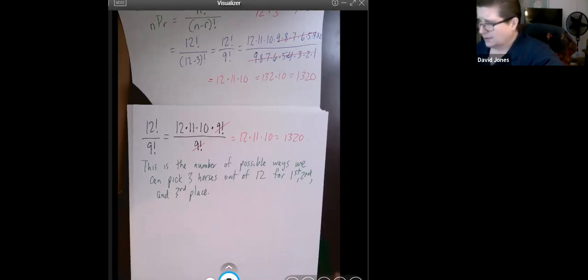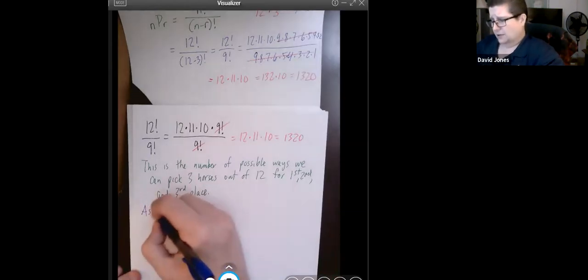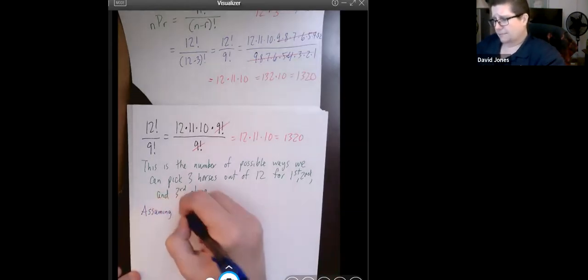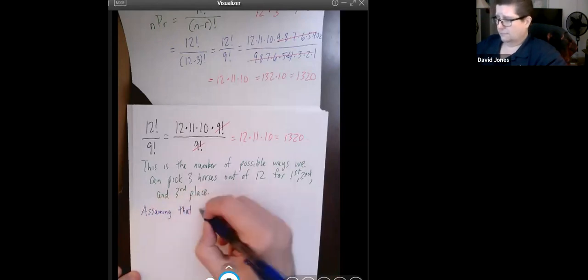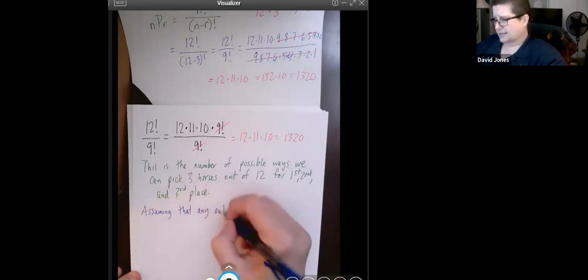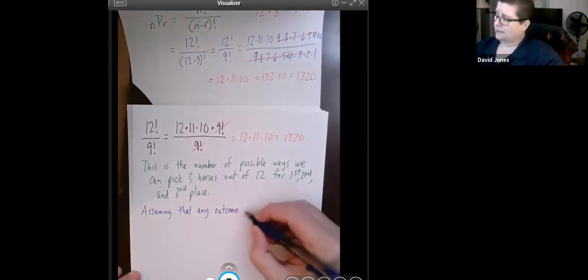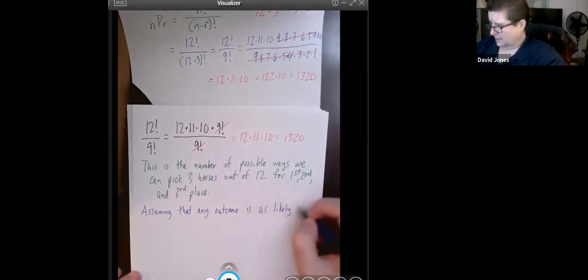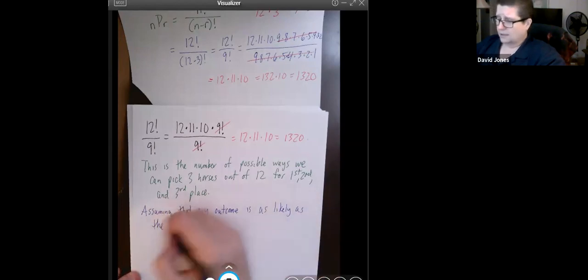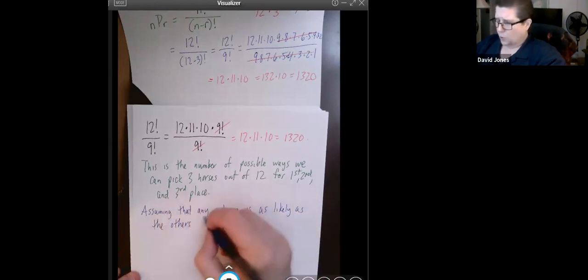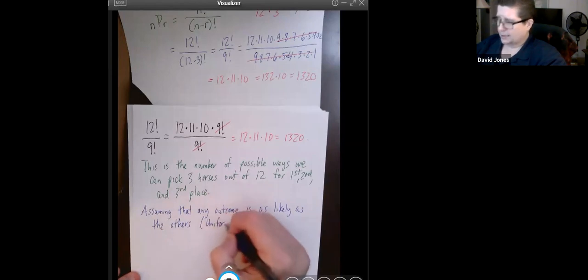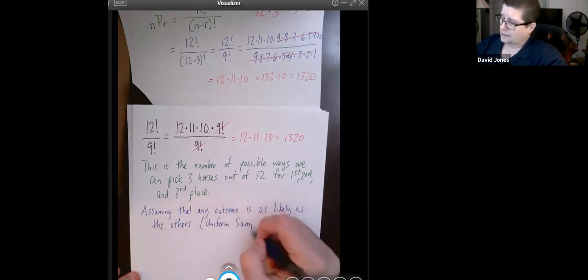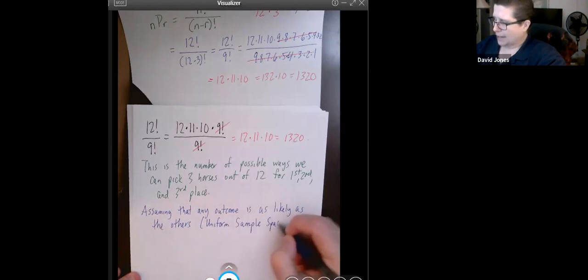So, assuming that all outcomes are likely, assuming that any outcome is as likely as the others, for a uniform sample space, it's uniform when they all match.